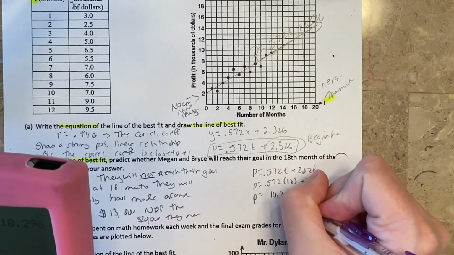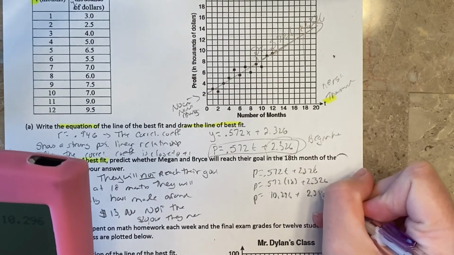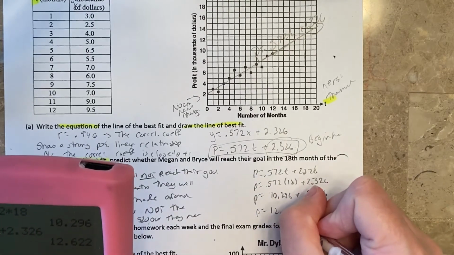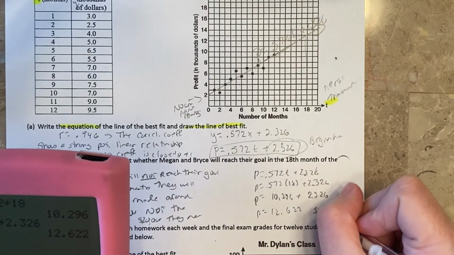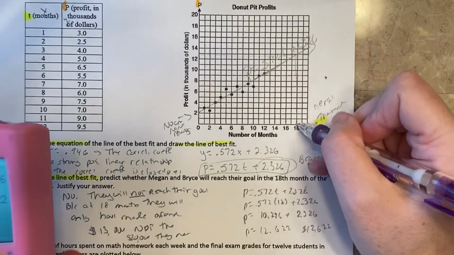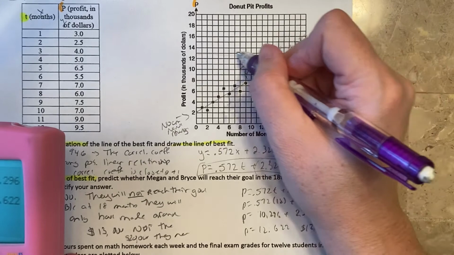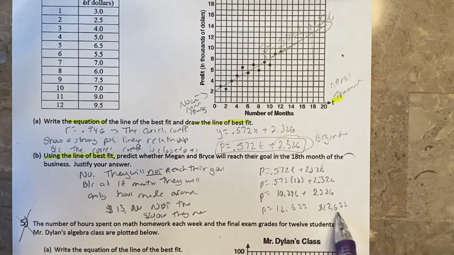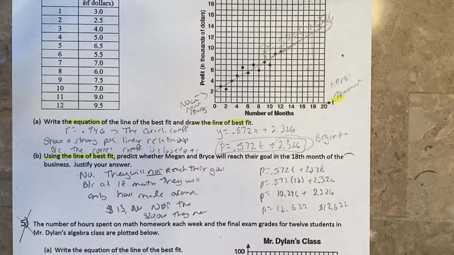That's 10.296, plus 2.326, which is 12.622, or $12,622, which is pretty close to what we got. We got closer to 13, but we're estimating, remember. So our 12.6 is really close to our 13.